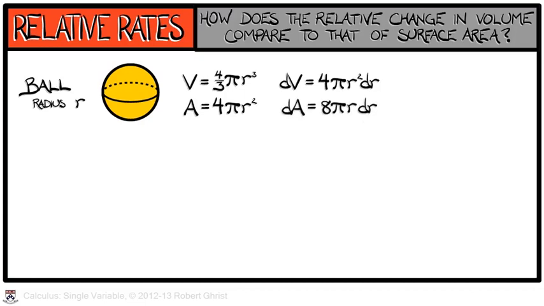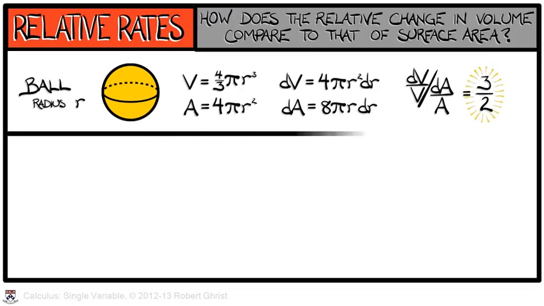Differentiating that gives dA equals 8 pi r dr. Now, to look at the relative changes, we must take dV over V and divide that by dA over A to compare these relative rates. What is that? Well, that is going to be 3 dr over r over 2 dr over r. With a little bit of algebra, you can see that it's a constant, 3/2.